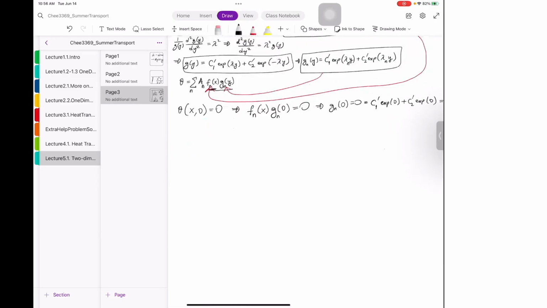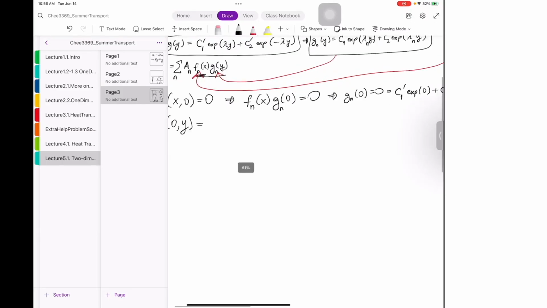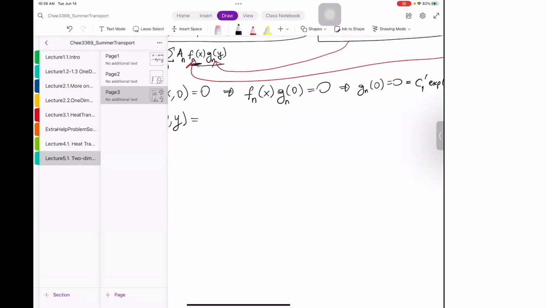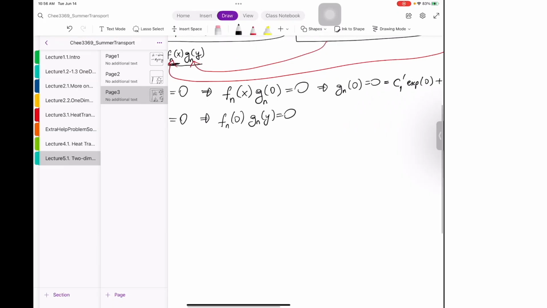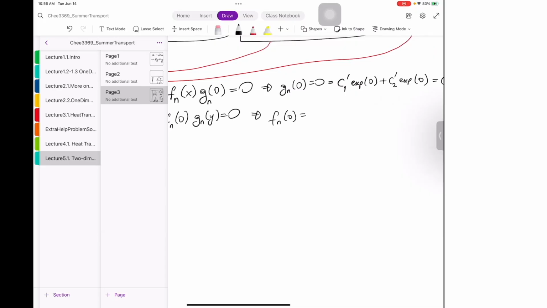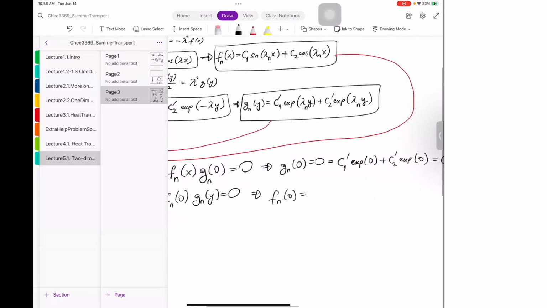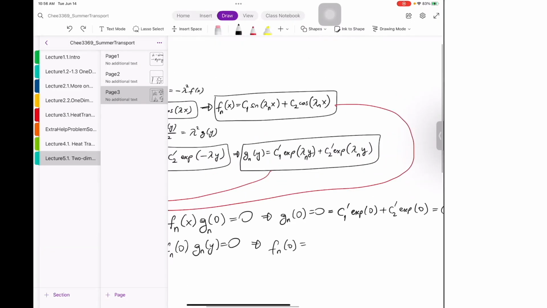Now the second one is theta at 0 comma y is equal to 0. And that means f_n(0) g_n(y) is equal to 0. So this time this constant must be 0. f_n(0) is equal to, the f_n was this one, so I'm going to plug in 0 there.